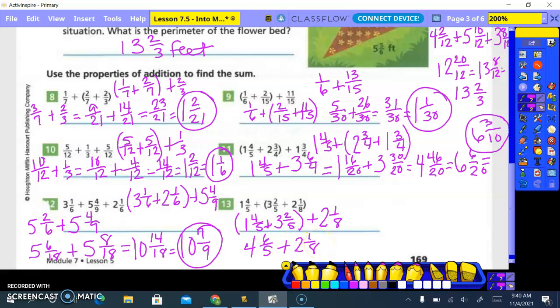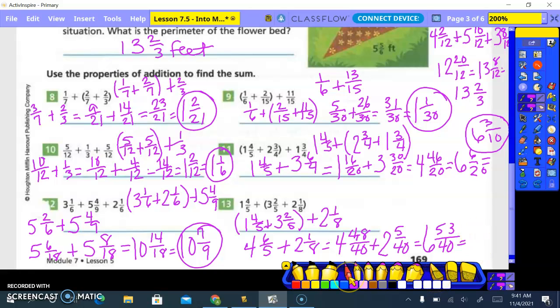What's my common denominator? 40th. Okay. So 4 and 48 40th plus 2 and 5 40th, which equals 6 and 53 40th, which equals 6 and, or not, oh, not 6.